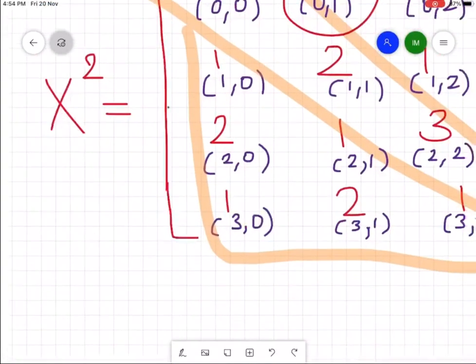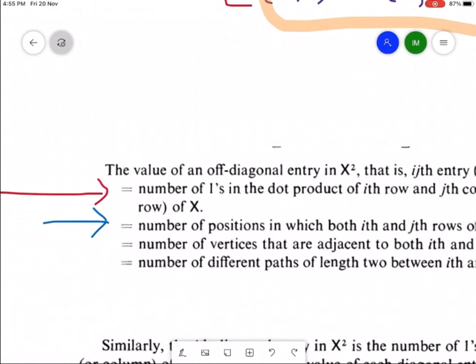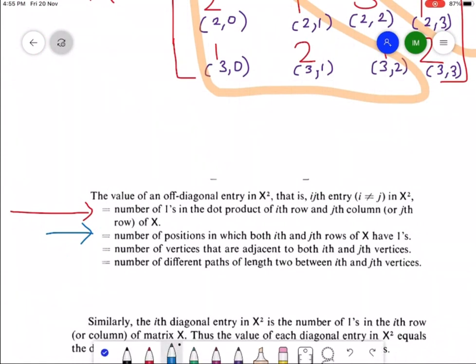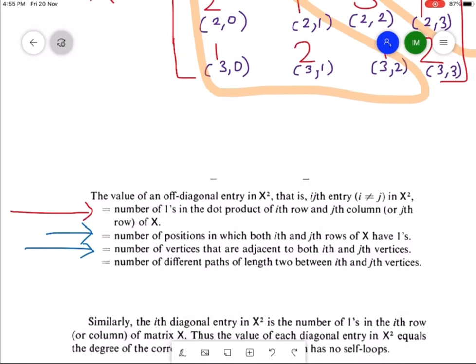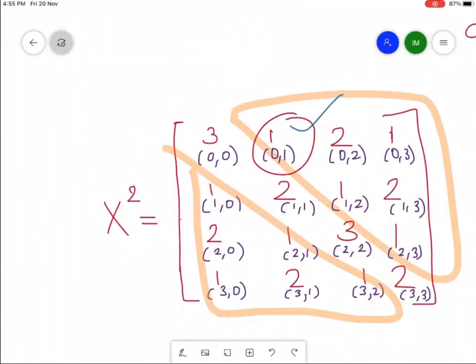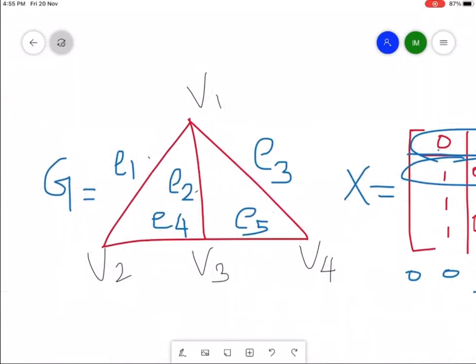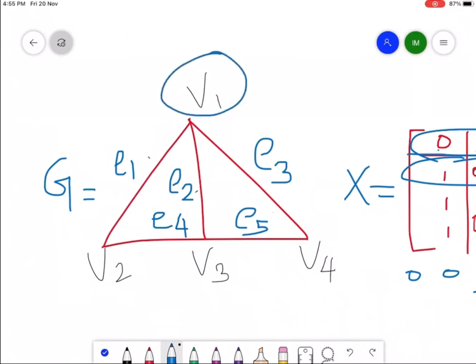Now the third one: it is equal to the number of vertices that are adjacent to both the ith and jth vertices. 0 and 1 correspond to the vertices v1 and v2. So let's take v1 and v2. Which vertices are adjacent to v1? v2 and v3.